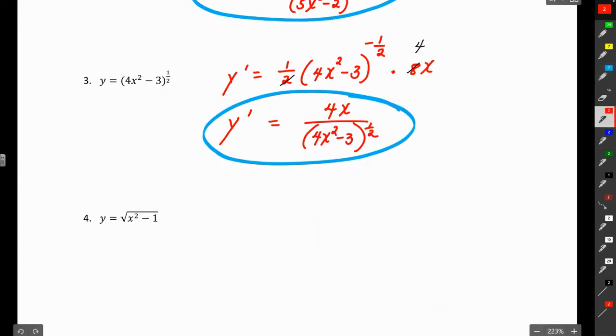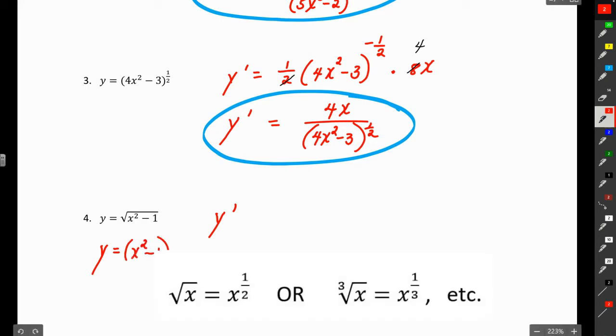All right, with number 4, you may want to rewrite it to just recognize that when we have a radical, it really means the same thing as writing it to the 1/2 power. And we need it in exponential form in order to use the chain rule shortcut. So I'm going to rewrite that first.